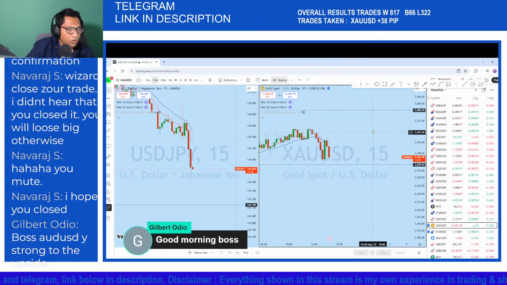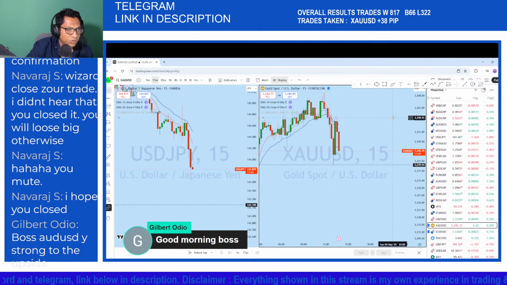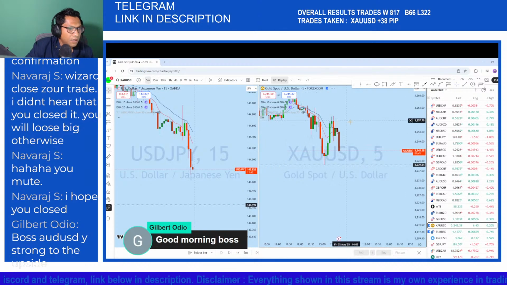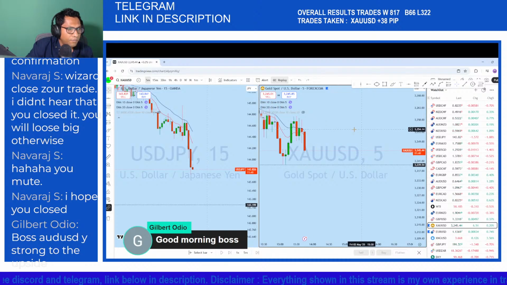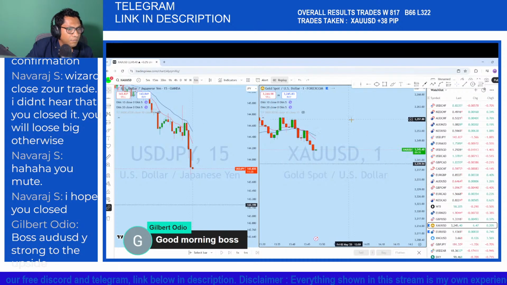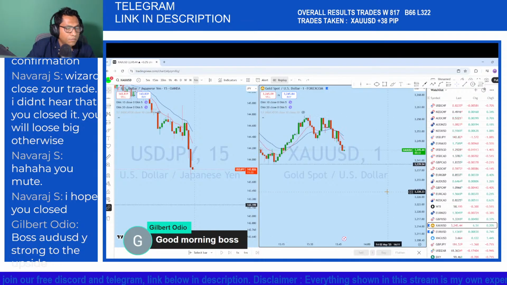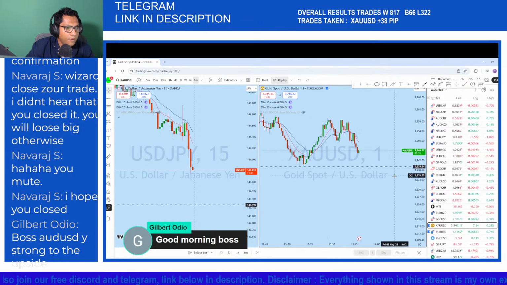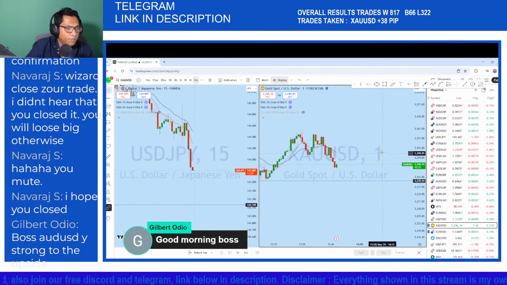We need to wait for the candle close for a possible entry. There is a liquidity zone here on the lower time frame.